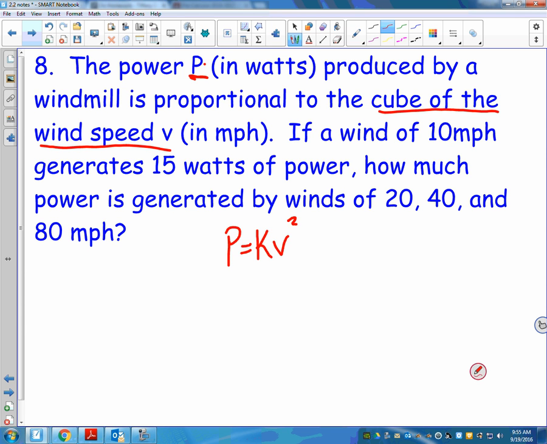So I'd have to say v cubed, right? We need to find what k is. What we know is for this windmill, a wind of 10 miles per hour generates 15 watts of power. So we can plug in those numbers and solve for k. So 15 watts of power, that's my P, and the wind speed is 10.